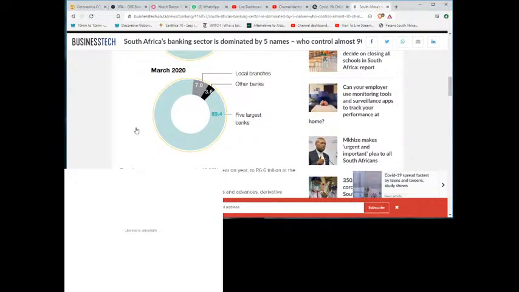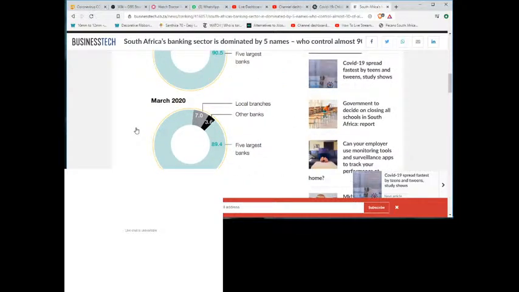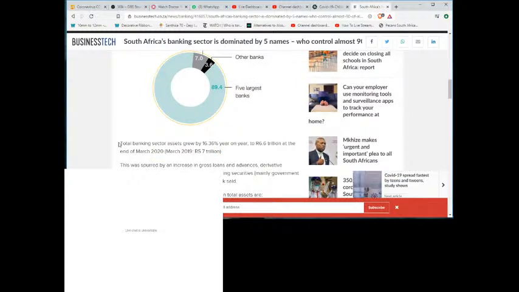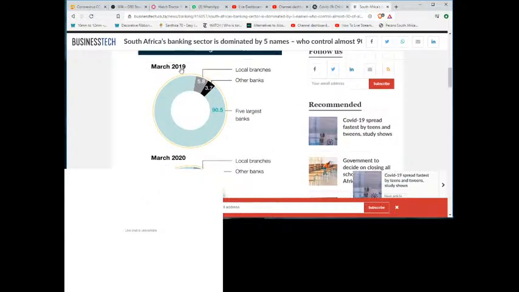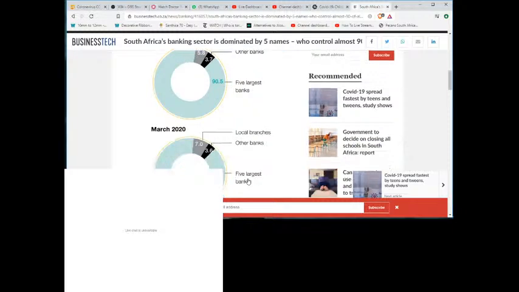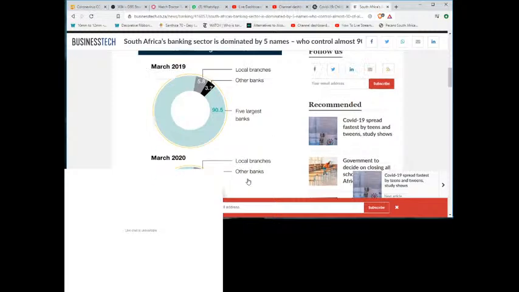And of course, this is our caption, I think. Yeah. Total banking sector assets grew by 16.36% year on year to 6.6 trillion at the end of March 2020. So there it says March 2019, March 2020, and it gives you a comparison. Okay.